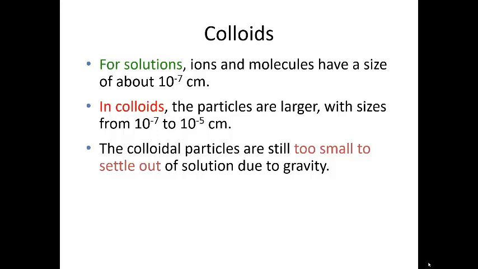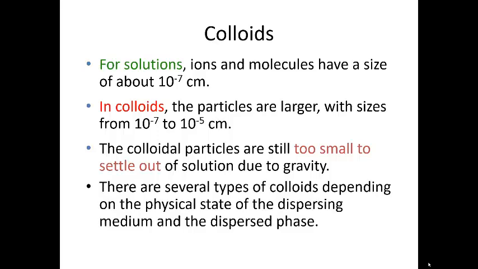They're still too small to settle out of the solution due to gravity, so they still stay suspended. You can see that when you think of milk and the fat globules floating around in milk. It's not going to settle out, it's not going to separate, it's still homogeneous, but these particles are larger, so they behave differently.